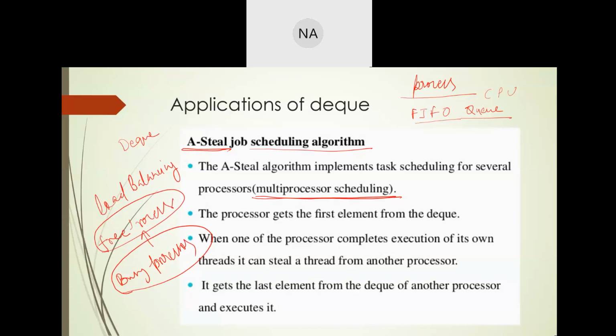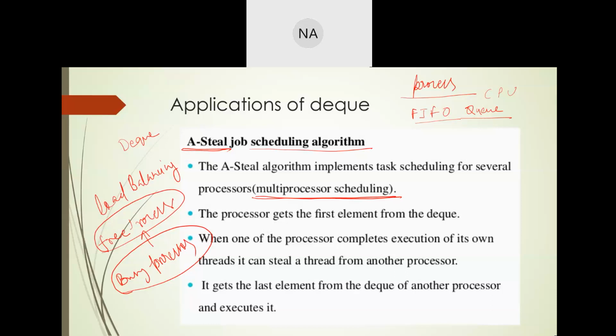So in this case, the process which is at the front end is deleted and given to the free processor. So it means that the deletion can take place at both the ends. When a busy processor requires a new process for execution, the process which is at the rear end is deleted and given to the busy processor.